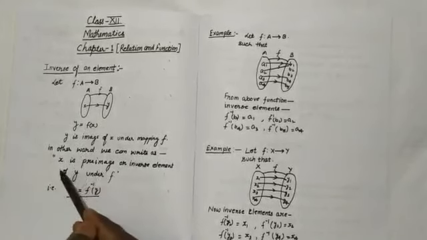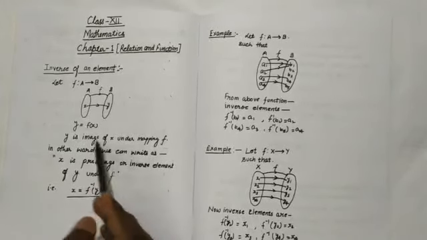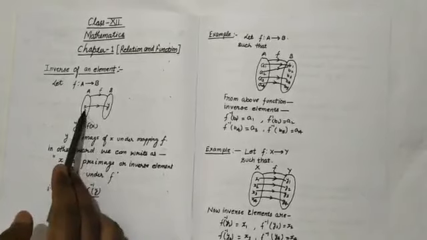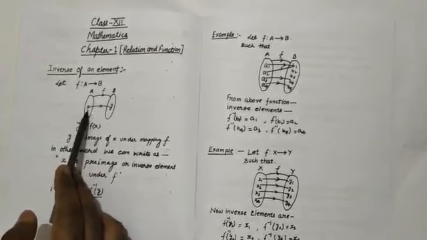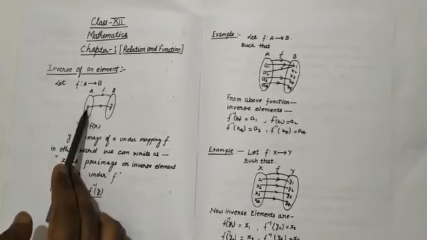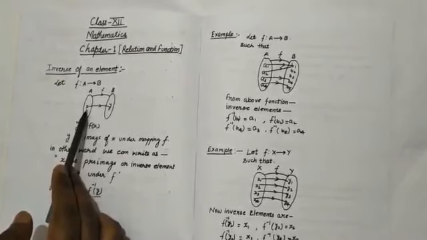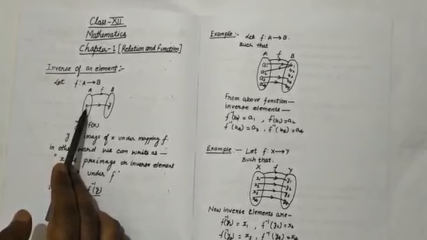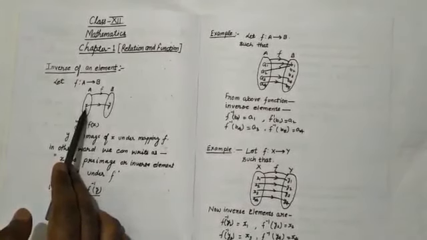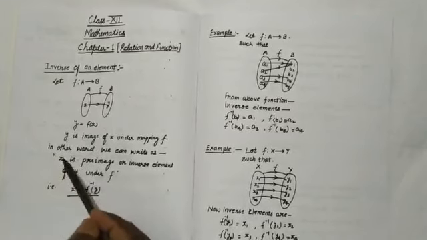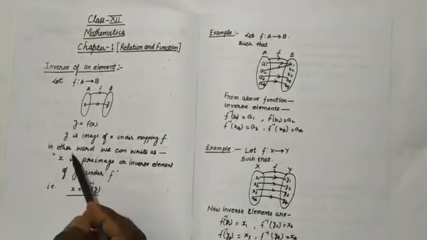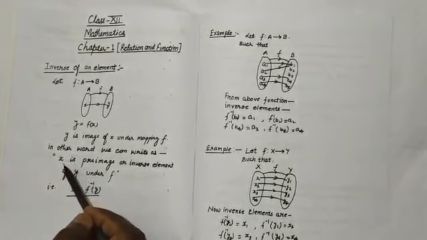In other words, this element x is said to be the pre-image of y. The pre-image of any element is said to be the inverse element. The pre-image element is said to be the inverse element of the corresponding image in the codomain set.